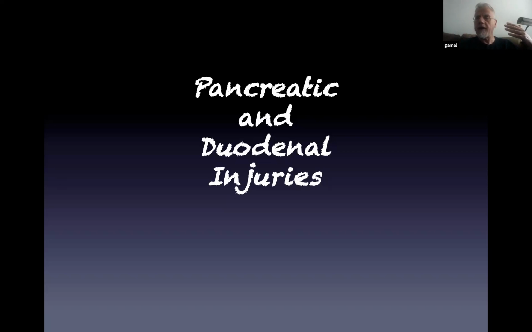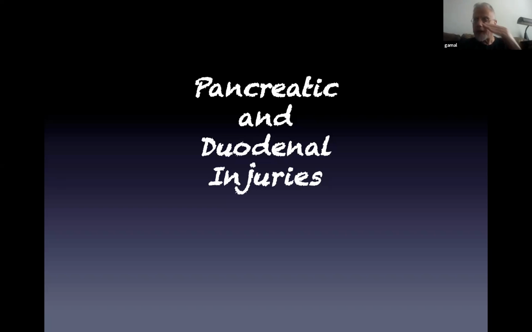The splenic vein is almost embedded into the back wall of the pancreas, and the splenic artery is superior to the body of the pancreas and has this serpentine, wavy, snake-like course. But the splenic vein is very intimate to the parenchyma of the pancreas.